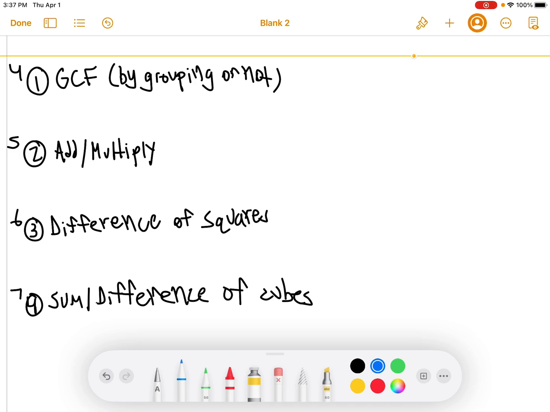You can use this one when, basically, if there's something like this: 9x squared plus 36. You can only use this, or sorry, actually that would have to be minus.